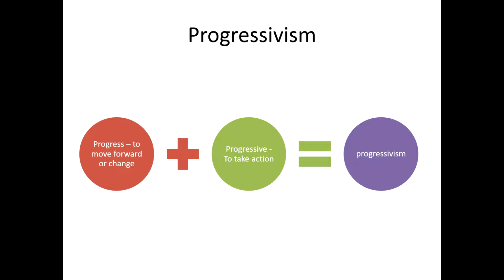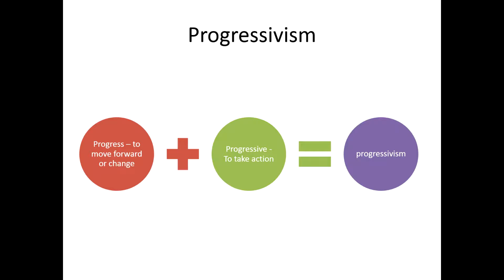So the first thing I'm going to do is give you the definition of progressivism or the progressive movement. When you think of the word progress, as you see on the PowerPoint, you think moving forward or changing. Being progressive is wanting to change or take action, and that's really the mindset of this movement.